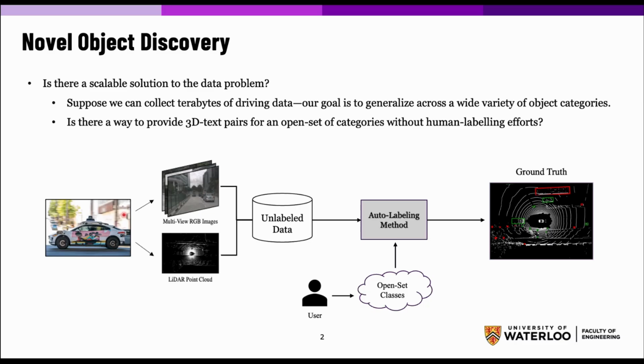You can imagine labeling terabytes of driving data is costly, and there are companies that spend a lot of money just to label this data, especially when you're just starting out. So I propose this idea: given all this unlabeled data, if a user can just provide what they want to label, in other words, an open set of classes, and we feed it to some auto labeling method, can we provide labels for different types of objects outside of just these standard car, pedestrian, and cyclist classes?